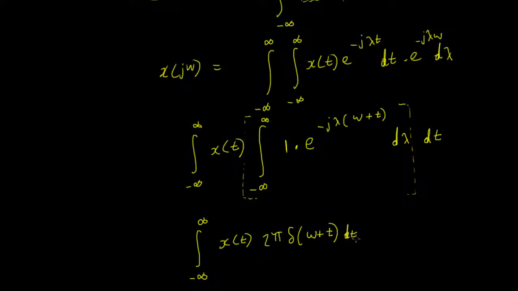Now you can see that is equal to this here, because we know that the Fourier transform of 1 gives us 2 pi delta of our value. That's what we're doing up here. We're taking the Fourier transform of 1, so it's 1 times e to the minus this thing here, by d lambda.